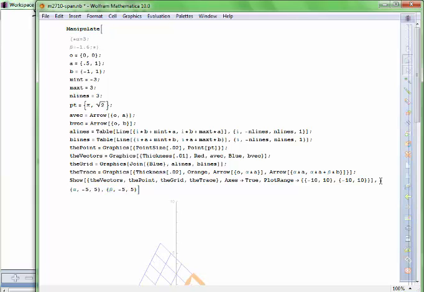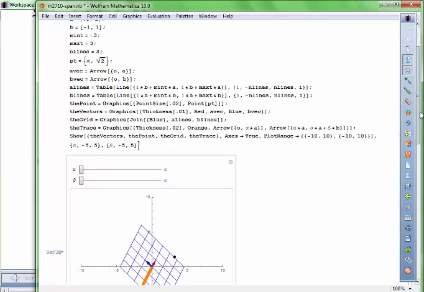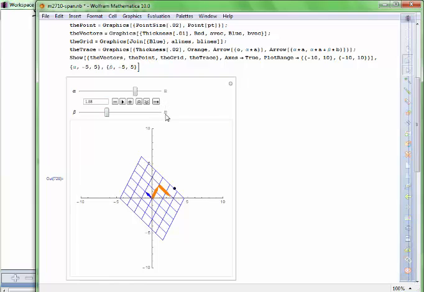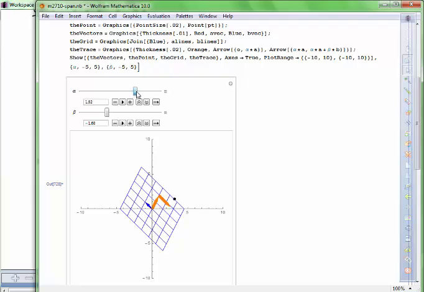Let's see if this will work. So the question is, can you move your values to get to that point? And then you can try to identify what your values are. So if we move this by about 3, and if we move this by about -2 or -1.5, we can kind of get there. Pretty cool, huh?